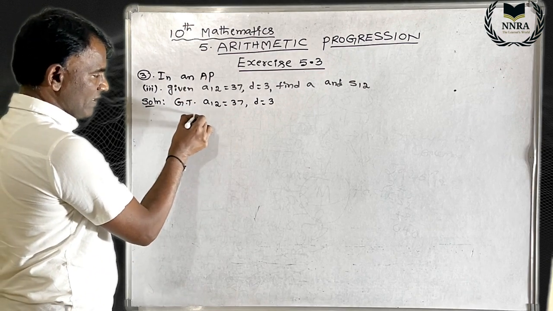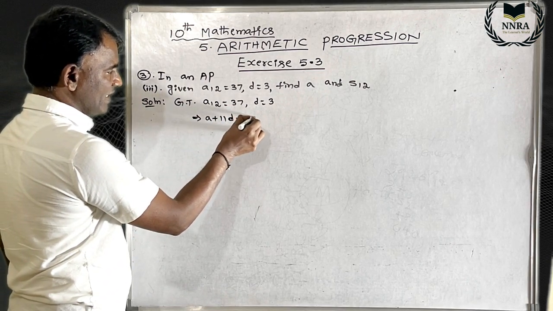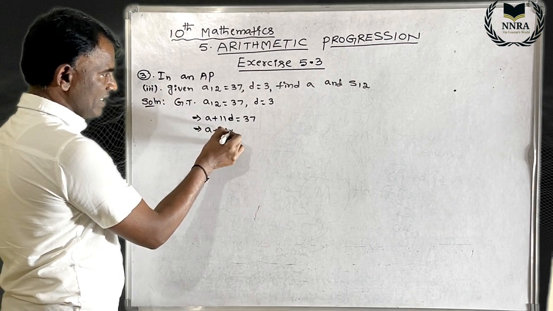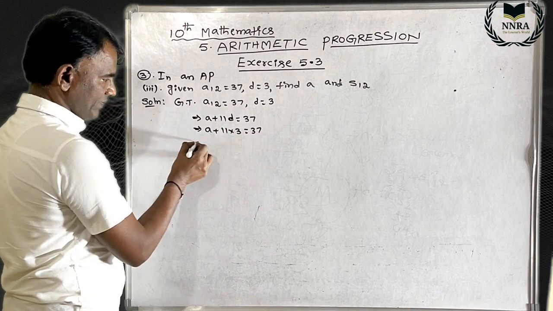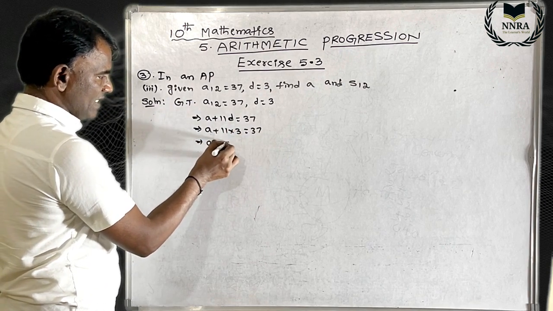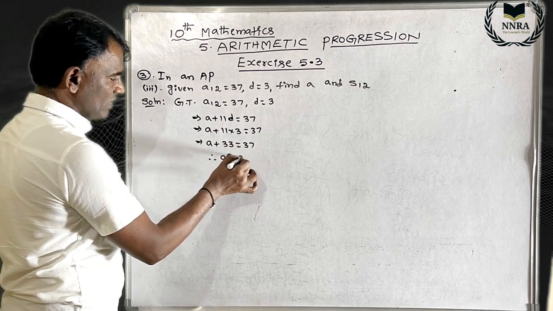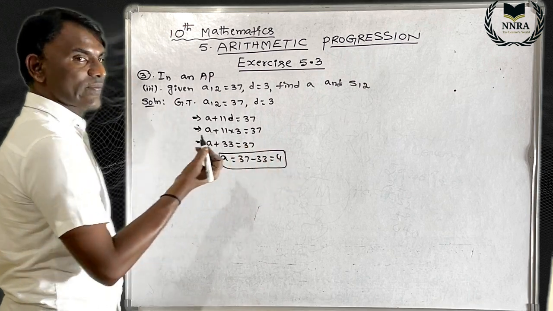So A12 can be written as A plus 11D equal to 37. So A plus 11 into D, which is 3, equal to 37. Now A plus 33 equal to 37. So A equal to 37 minus 33 equal to 4. This is the value of A.